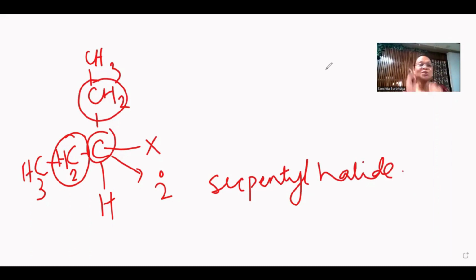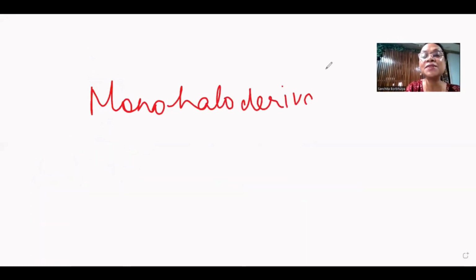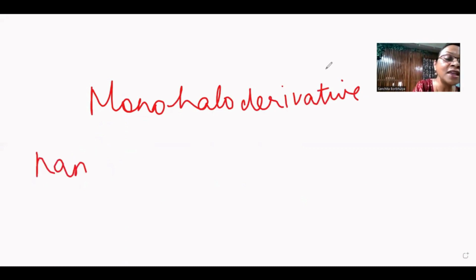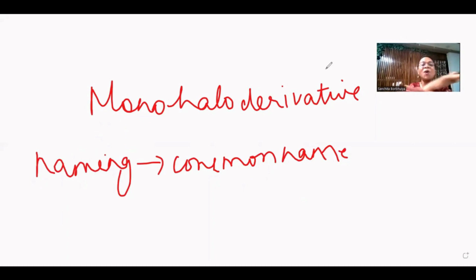Yeah, so just to recap on things, what we have done today, we have done monohalogen derivatives. Naming, yes, what? Common name. We did not go to the IUPAC name at all. This is a challenge for students.